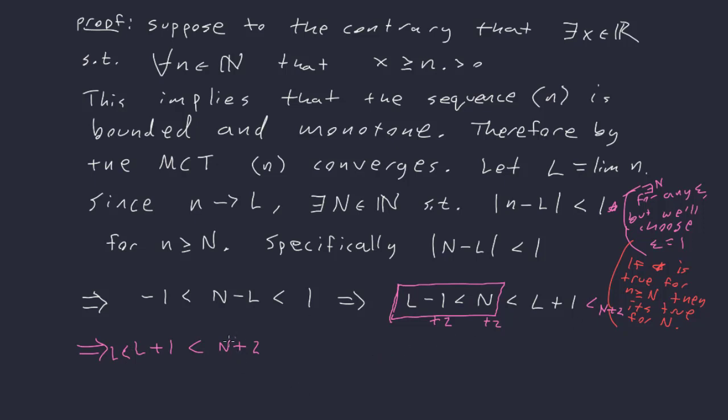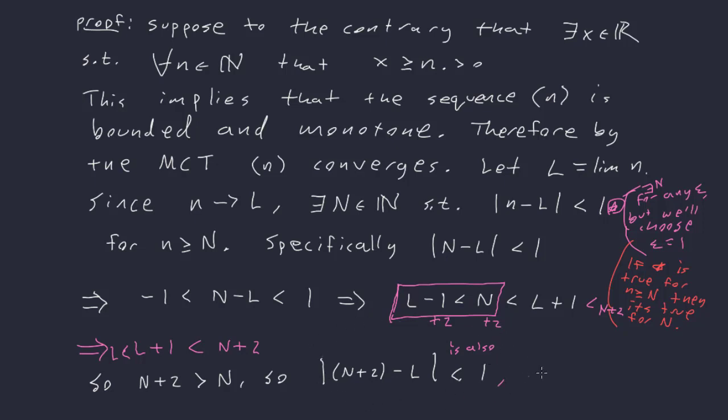All right, so N plus 2 is greater than capital N, so the absolute value of N plus 2 minus L must also be strictly less than 1. Because the star statement I have here is true for any n greater than or equal to capital N. Well, N plus 2 is definitely greater than capital N, so that means this must be true.